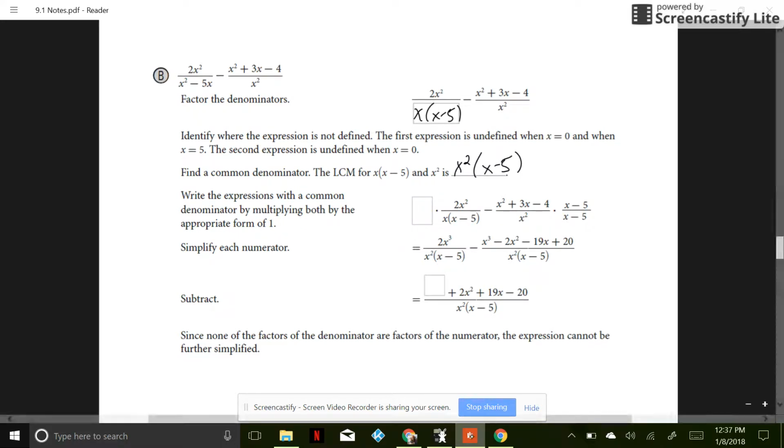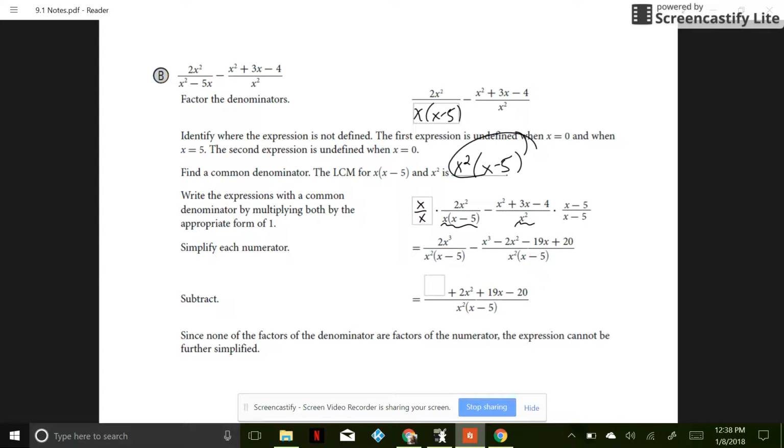So we have to get the common denominators of that. The first term here, if we want this as our common denominator, we're missing an x. So that means we'll multiply by x over x. The second term in the denominator here, we're missing an x minus 5, so you multiply by x minus 5 over x minus 5. So you do those multiplications, and then you combine like terms in the numerator.